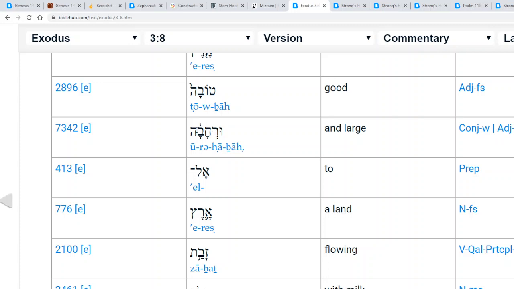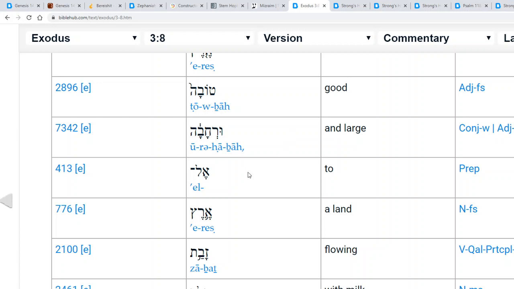So spacious, you might want to say. I would probably translate it as spacious myself, but in the English, you don't see that opposition in this verse.